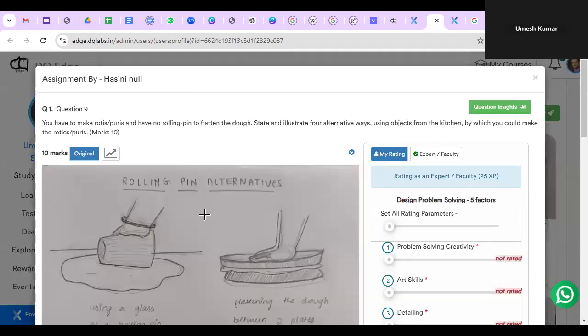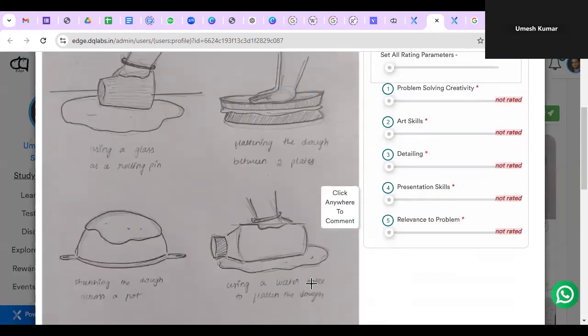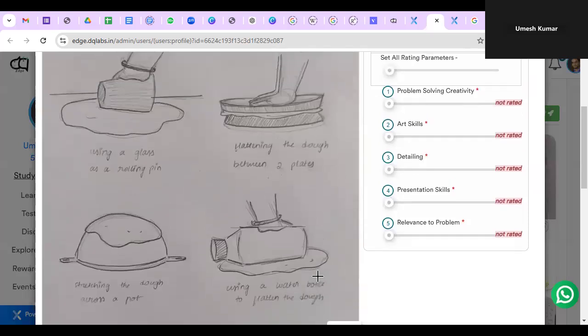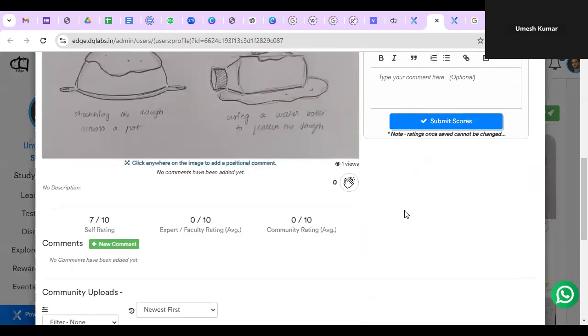Yes, so the one on the right. Rolling pin alternatives: using a glass as a rolling pin, flattening the dough between two plates. Nice. Stretching the dough across a pot. Very good. Using a water bottle. Very good. Very nice. Thank you, sir.